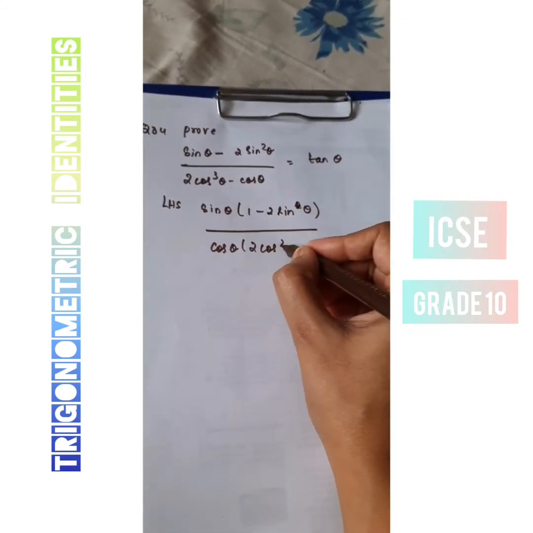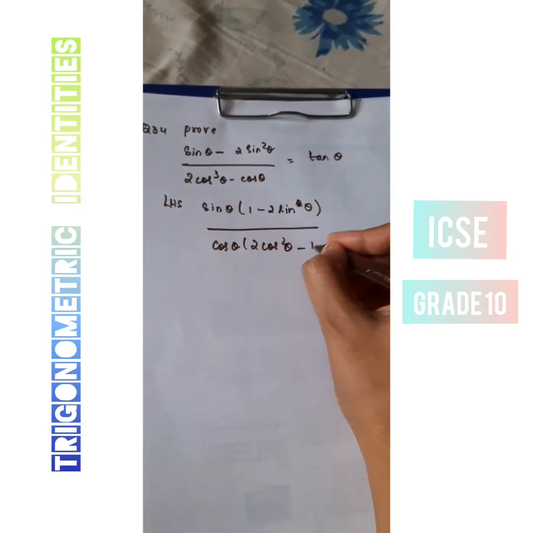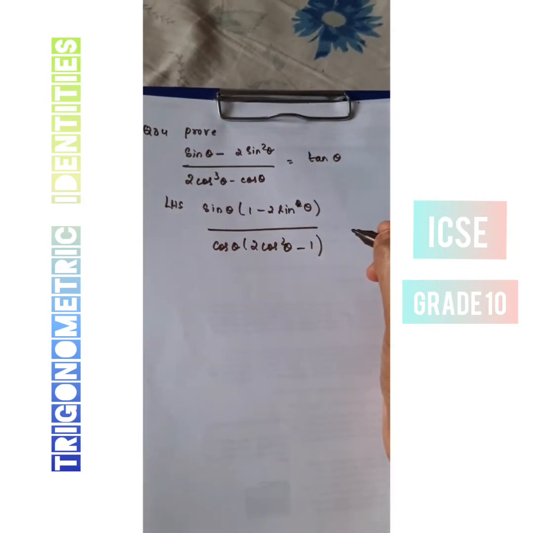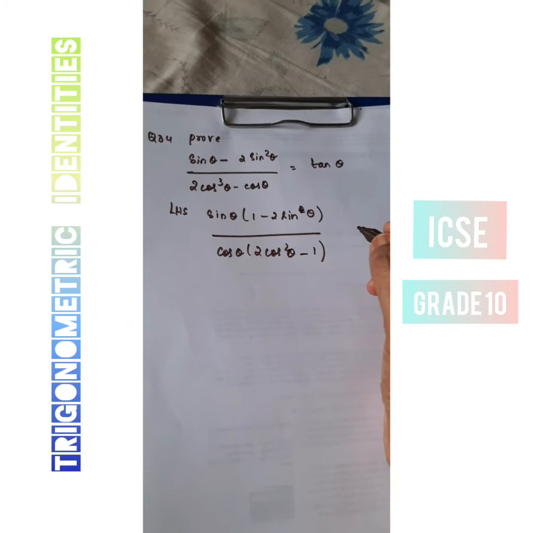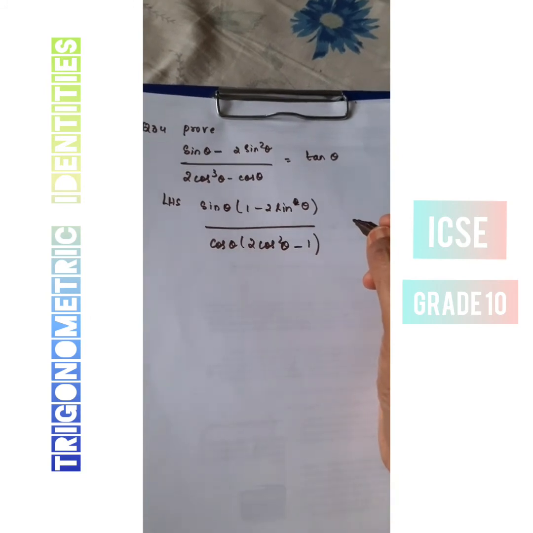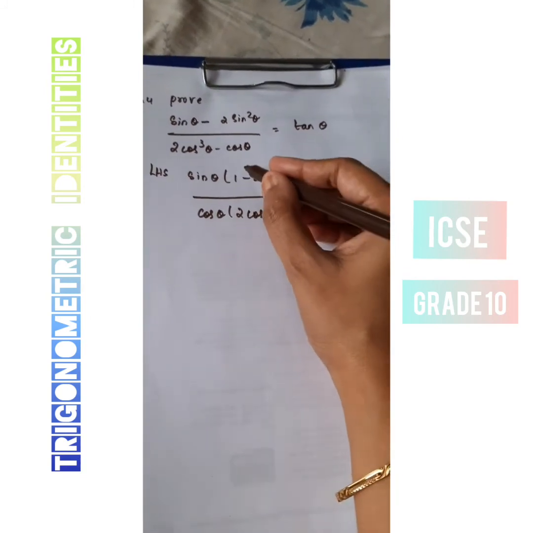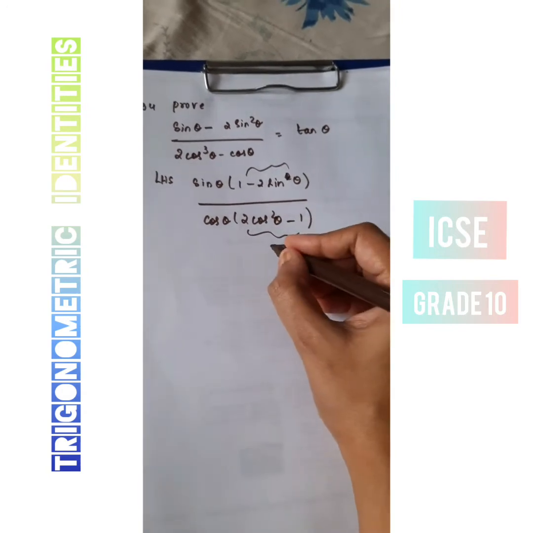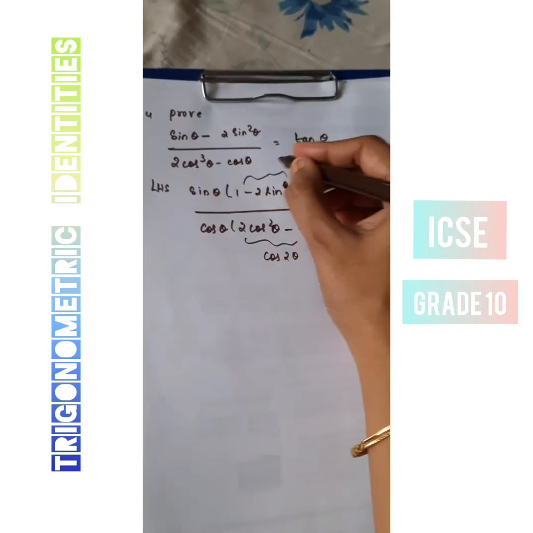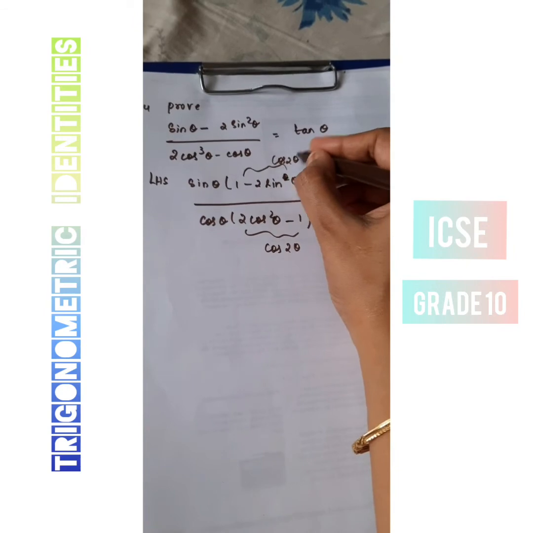So 2 cos square theta minus 1. So 1 minus 2 sine square theta is the same as 2 cos square theta minus 1, which is cos 2 theta. Both are the same.